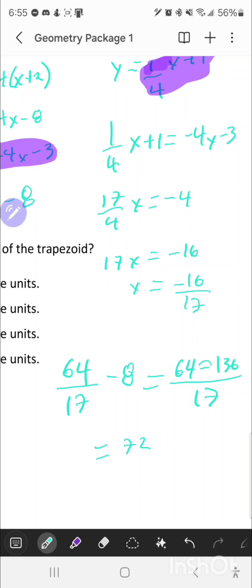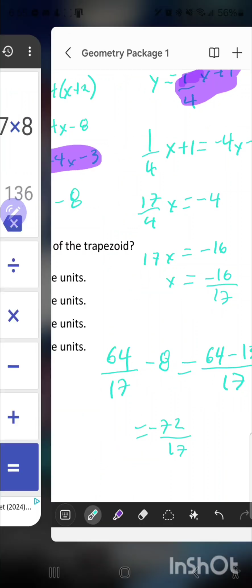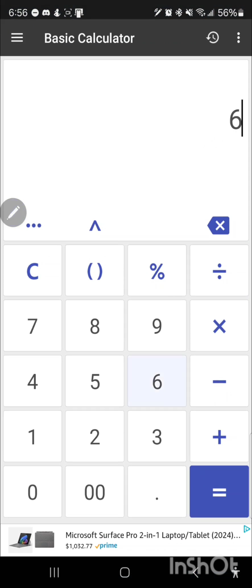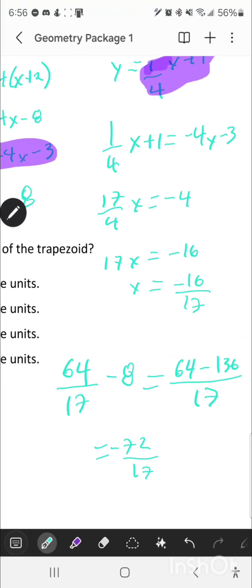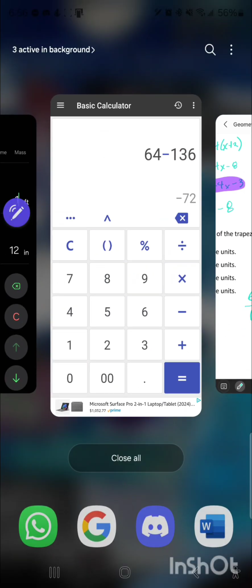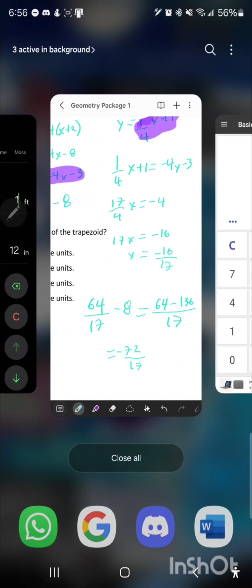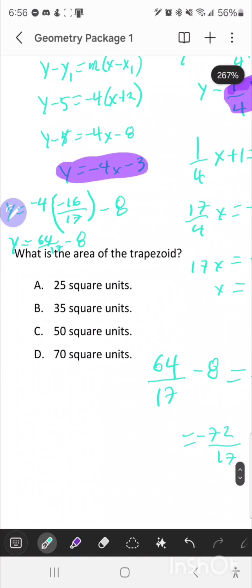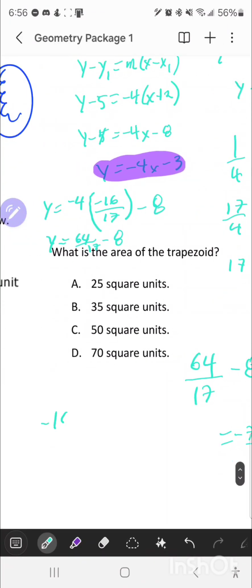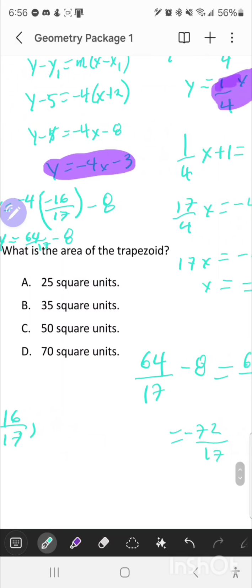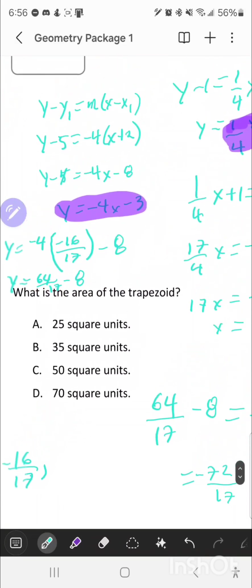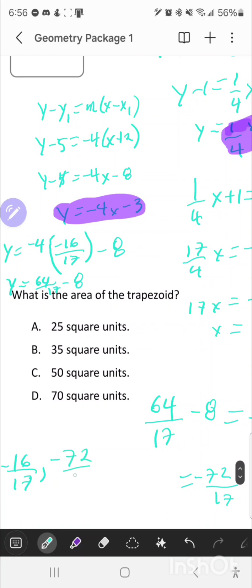Now 136 has the negative sign in front, so this is negative, and we keep the denominator. Let me check I did it right. Okay, negative 72 over 17, I did it right, and I don't think this can be divided. No, definitely not. So these are our coordinates: negative 16 over 17, comma, negative 72 over 17.